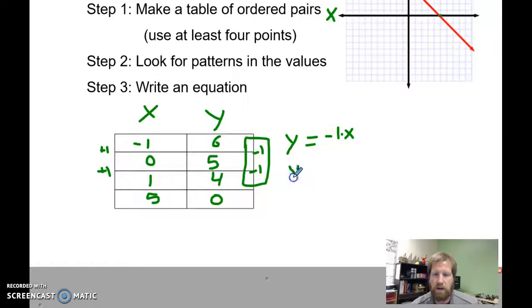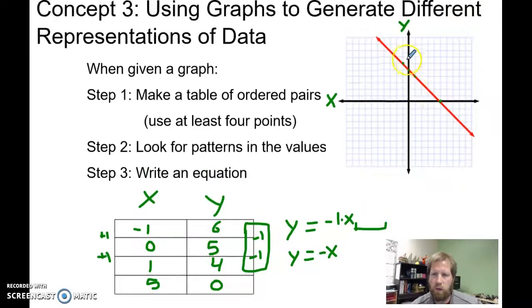Okay, and we can also write that as just y equals -x. Now to figure out the second part of our rule, we're going to look at what's called the y-intercept. So it's this place where my line crosses the y-axis.